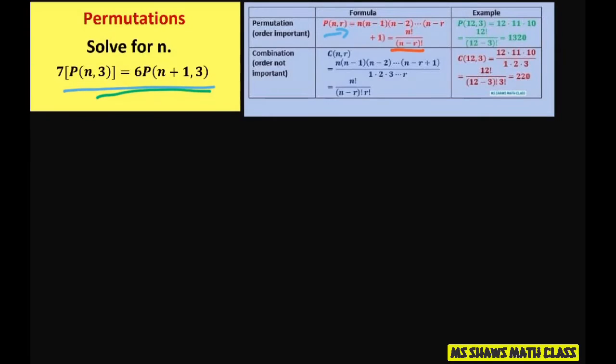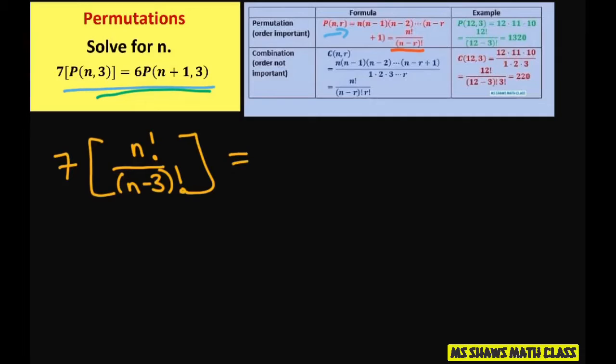So we're going to rewrite these using our formula. This is going to be 7 times n factorial divided by n minus 3 factorial. And on the right hand side, it's 6 times, now our n is n plus 1. So the top is going to be n plus 1 factorial divided by, and then our n is this.